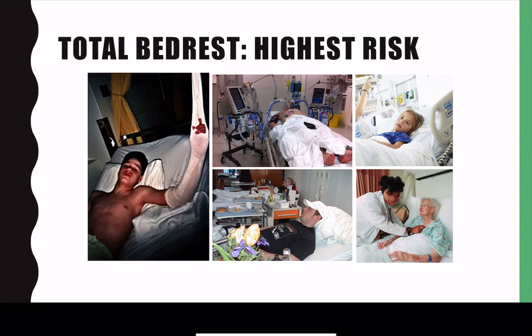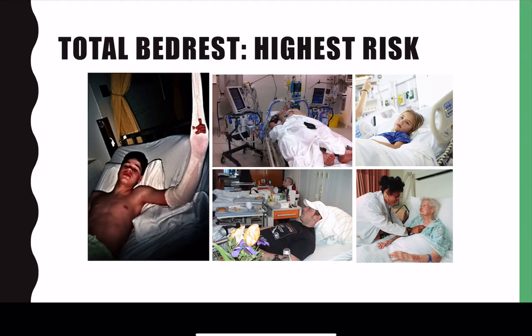So the data from the next part of this talk will really all be coming from inactivity studies, but most of those studies use a bed rest model or an anti-gravity model. There's a lot of studies that have been done on the space station where gravity is eliminated. So these studies are easy to perform because you can take a person and put them in the bed and see what happens. But they definitely have some limitations because lying supine might have different effects than sitting even.